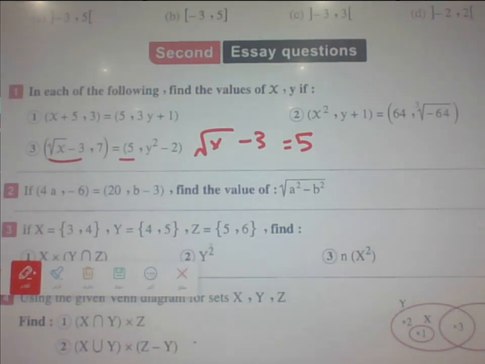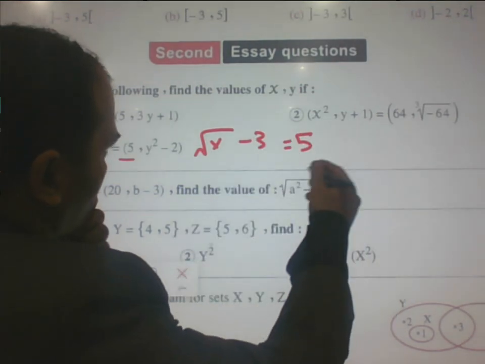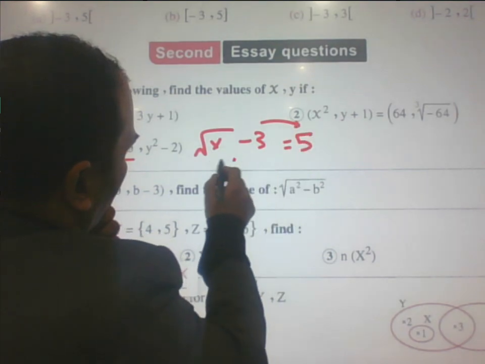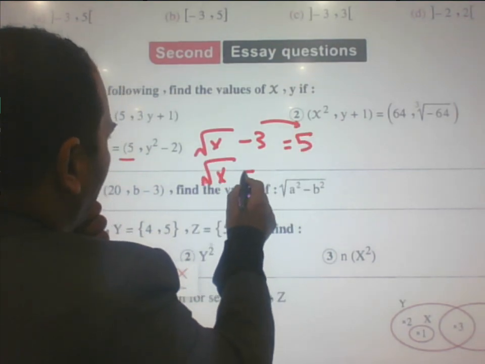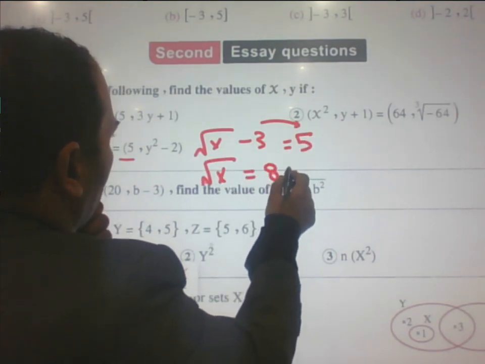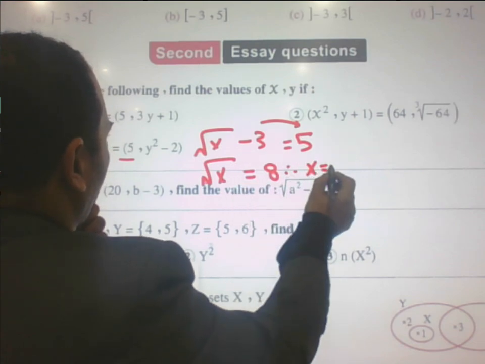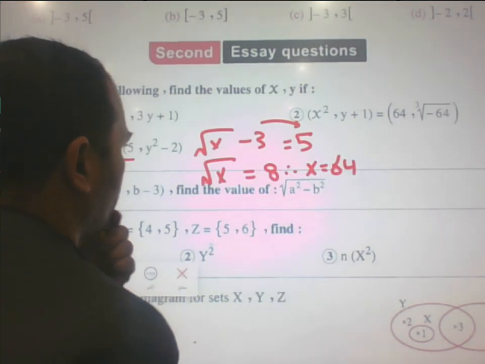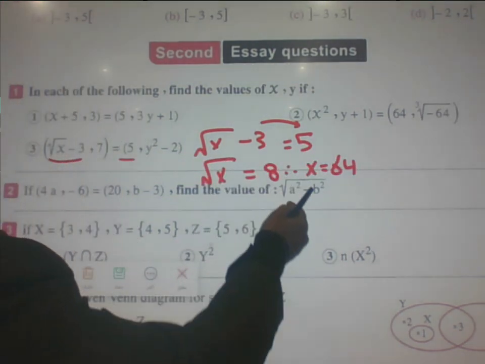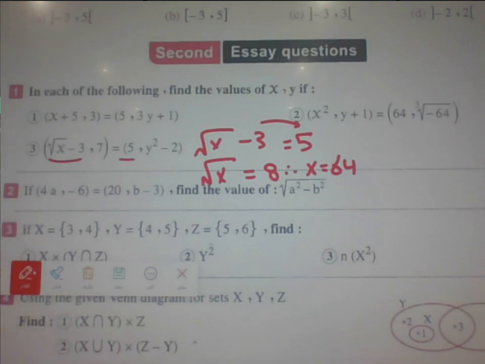We solve the equation by moving negative 3 to the right hand side and changing the sign. Then the square root of x equals 5 plus 3 equals 8. Then we square the left hand side and right hand side, and x will be 64.